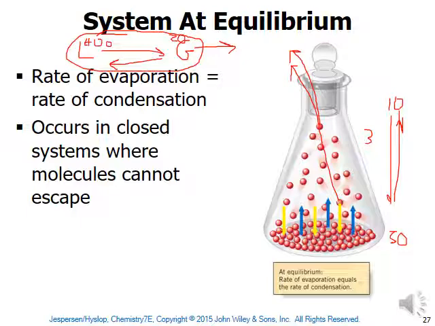So this side is going to try to get back to that ratio of 20 to 1, and there'll be a lot more of these guys going to this side to get that ratio. So the reaction is going to look like it's moving to the right instead of going back and forth. We're going to relate that to something called Le Chatelier's principle.